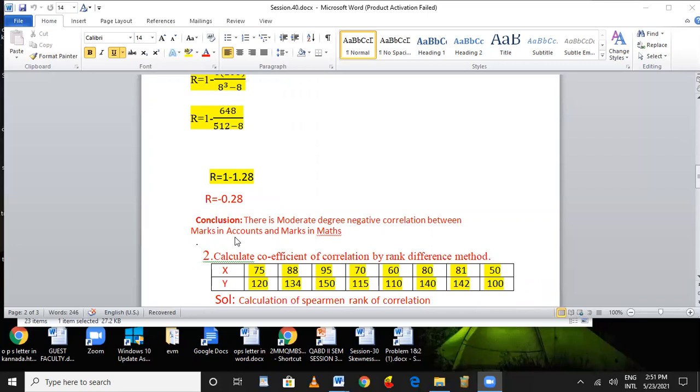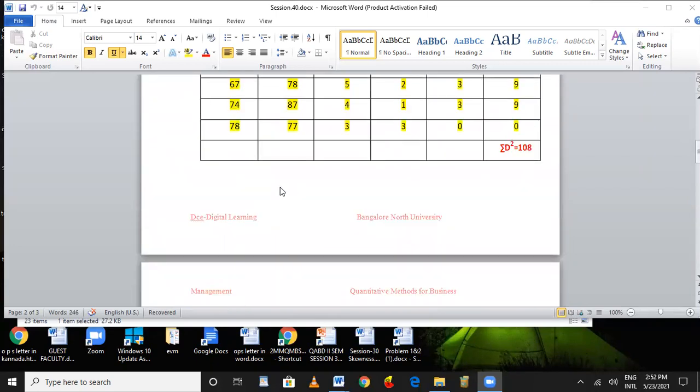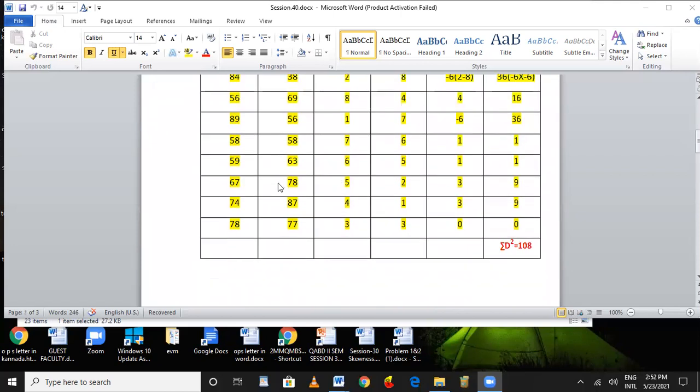How much is it correlated? It is negatively correlated, that is minus 0.28. So this is about the first one. Marks have been assigned and we have to get the total.